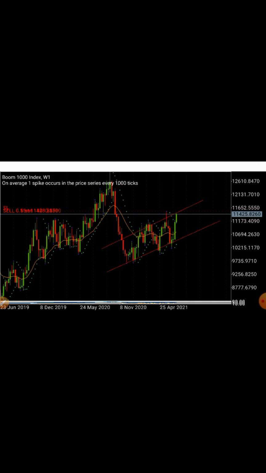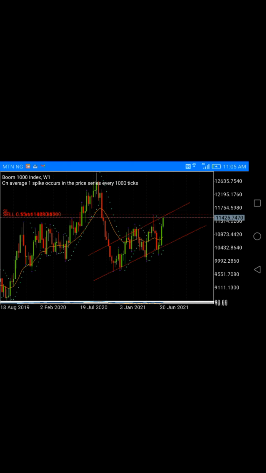Now I have a kind of confluence there, because if you look very well, price was rejected here. Then currently it is going to be rejected here. Of course, it's rejected already, so that's why it's pushing down a bit.